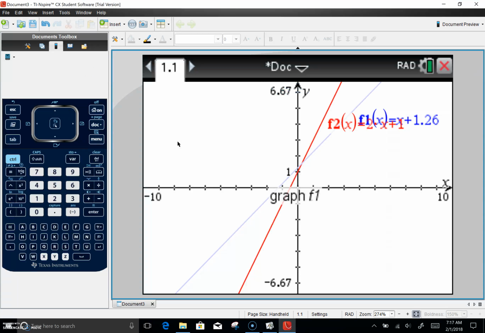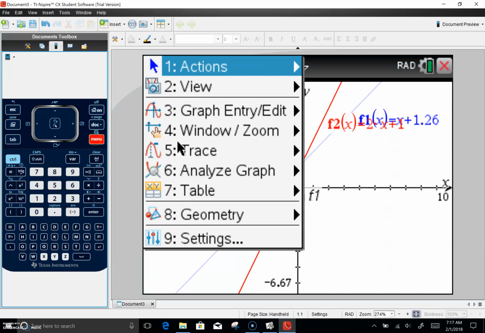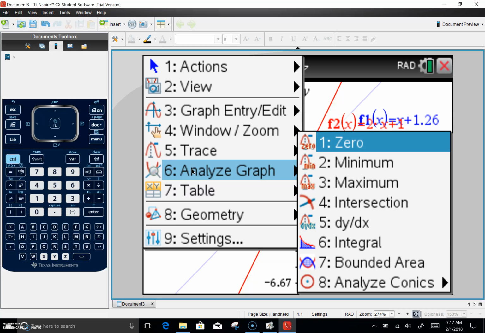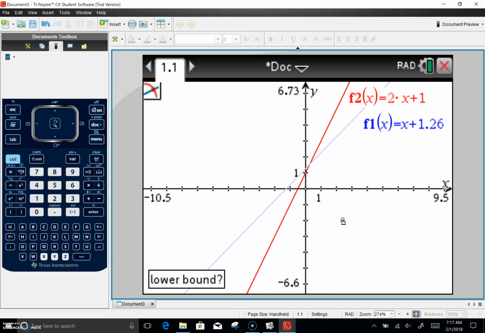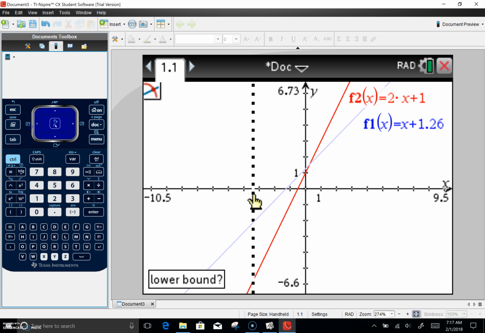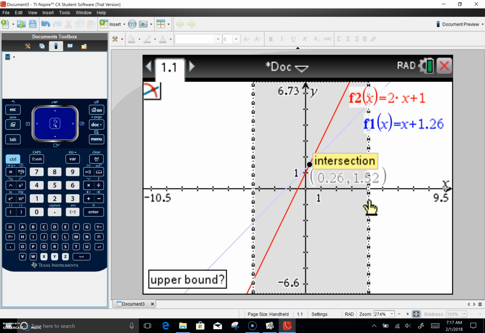Oops, let's try that again. Menu, intersection. Now I move it to the right side.